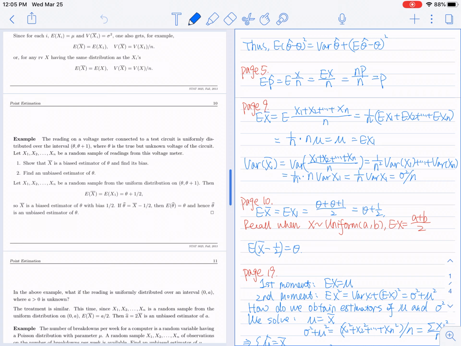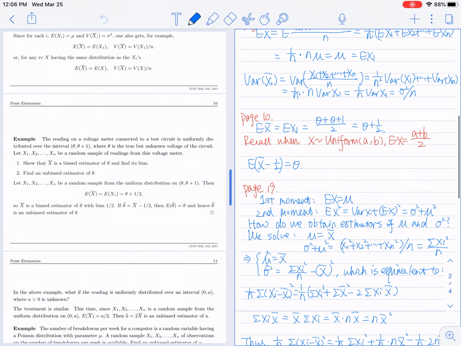So the expected value of a random variable from uniform distribution will be theta plus 1 divided by 2, which gives us theta plus 1 over 2. And we have already shown that the expected value of x bar will be equal to the expected value of a single observation. So we derived that the expected value of x bar is equal to theta plus 1 over 2.